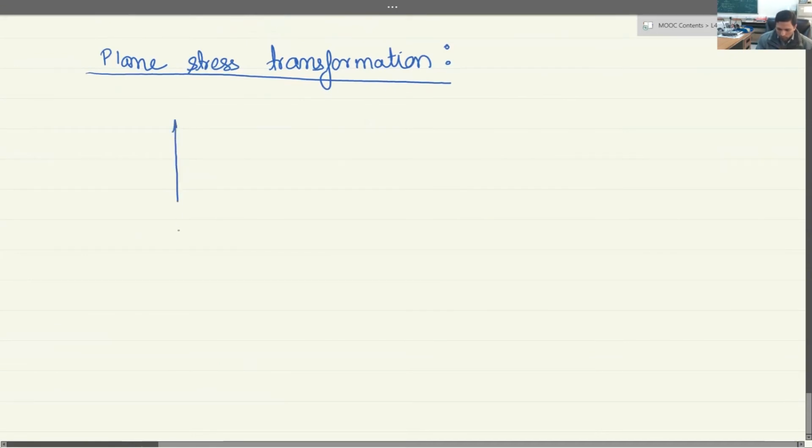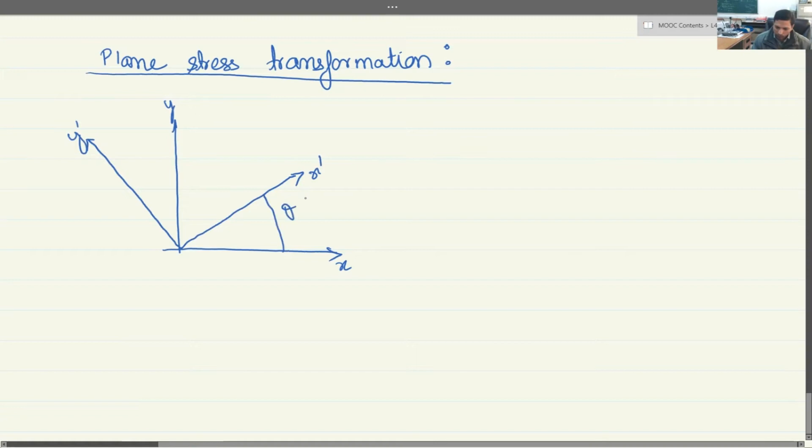So you are given something like this. It is your original x-axis, it is your original y-axis, and now you want to rotate and find stresses in another axis which has x prime and y prime, and this is rotated by an angle theta.